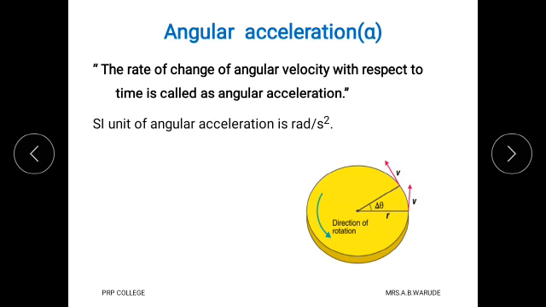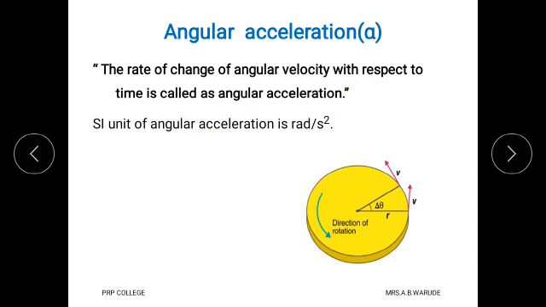Then what is meant by angular acceleration? As we know, the definition of linear acceleration is the rate of change of velocity with respect to time. Similarly, for angular acceleration, the rate of change of angular velocity with respect to time is called angular acceleration.